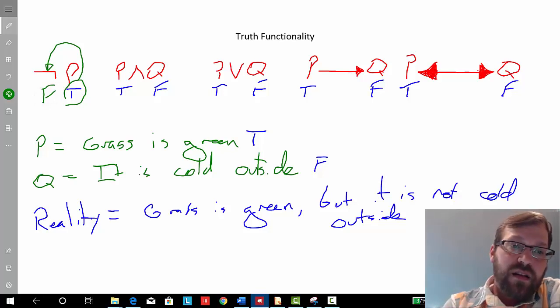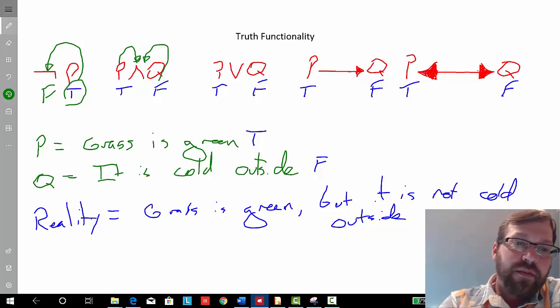And when the left side of conjunction inputs a T, and the right side of conjunction inputs an F, it spits out an F.